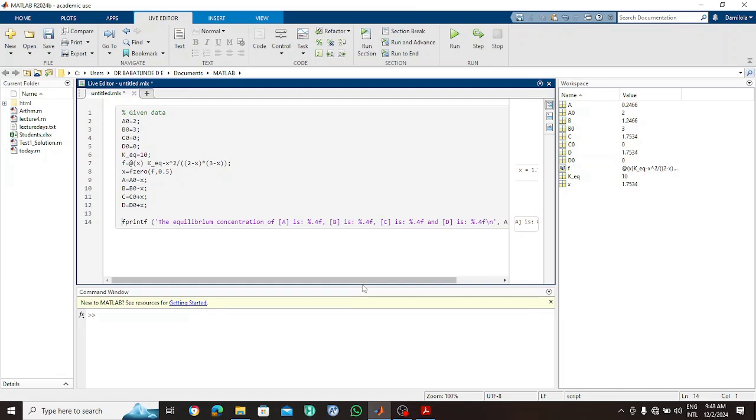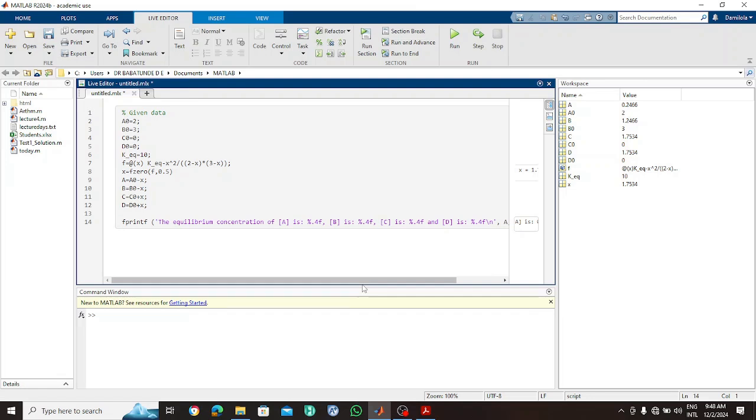So let's start with using the roots function. If you want to use the roots function, we said we are going to create a vector which is the coefficients of all of the powers that are available in that equation, right? That was what we said in the last class.